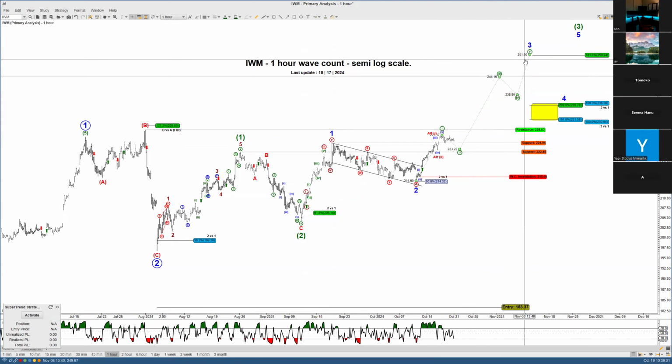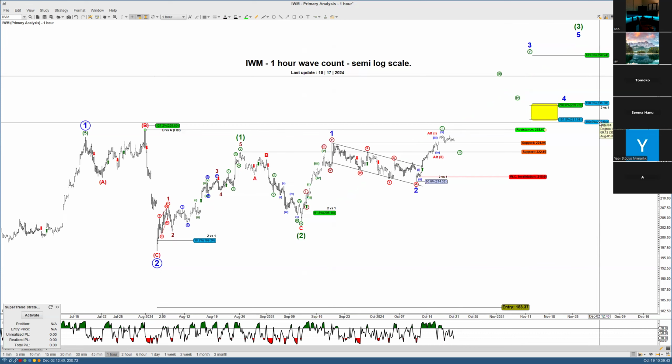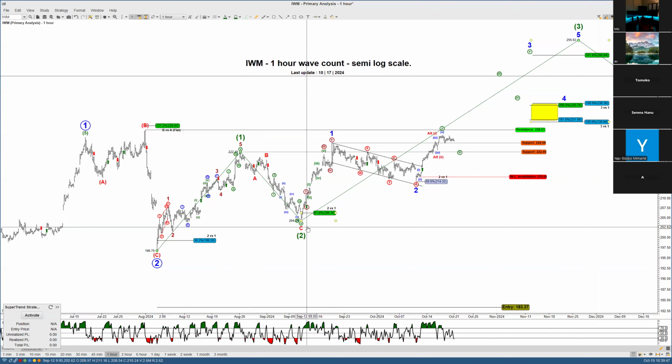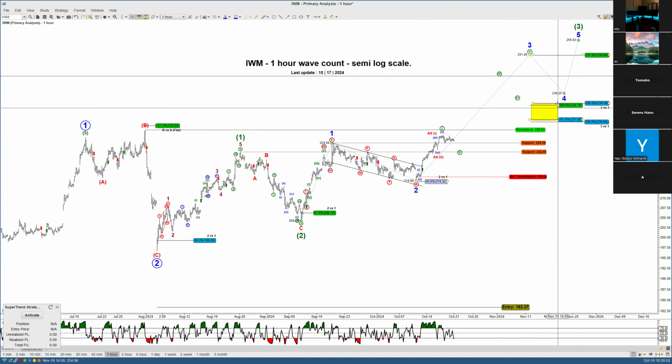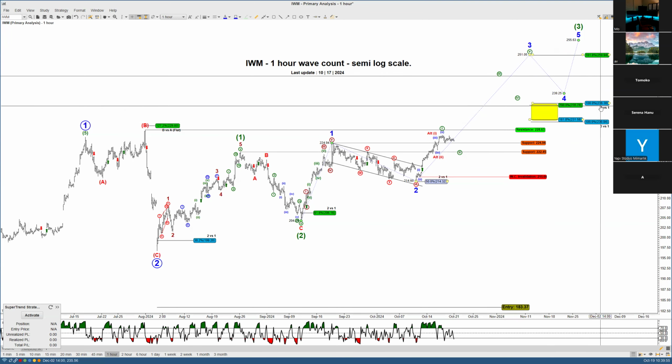And then from there we can make a move up, but we need to take out this high right there at 228. If 228 breaks, then we've got to get to this 230.94. This one will satisfy this swing, and then this one will satisfy this one. So this is the zone that we have to the upside, between 230 and 236.